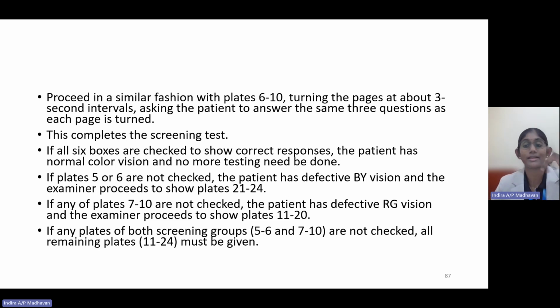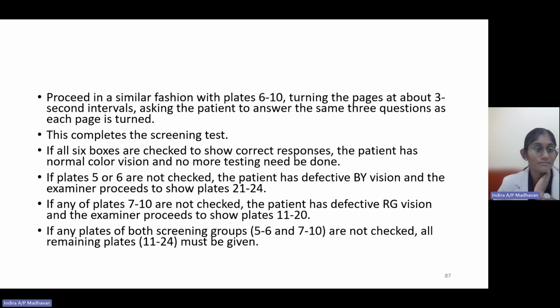They will make mistakes only in plate number 5 to plate number 10. If 5 and 6 are not correct, then they have a blue-yellow defect. If they didn't give correct answers for 7 to 10, that means the patient has an RG, red-green color vision defect, and they have to proceed to plates 11 to 20 to detect it.